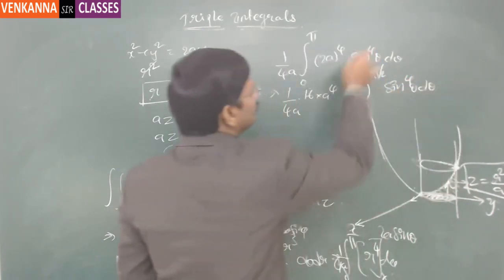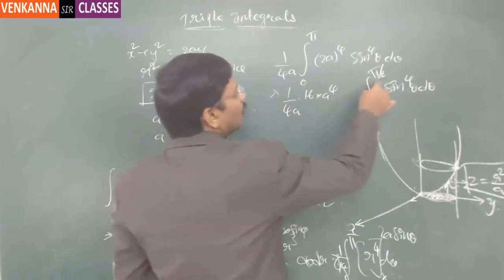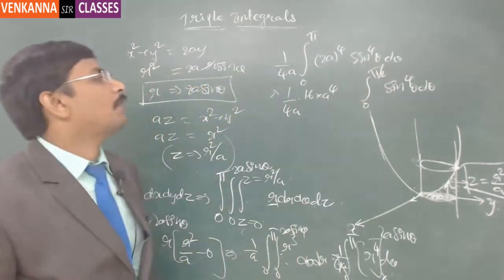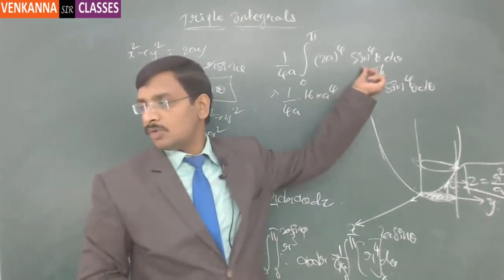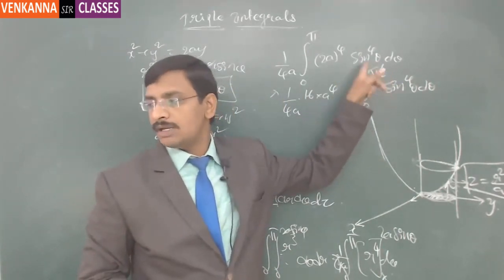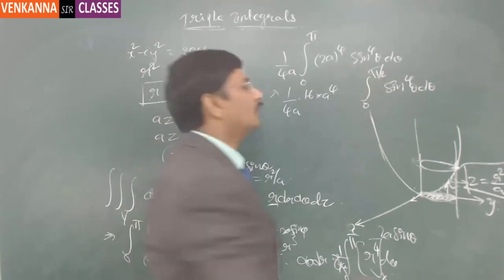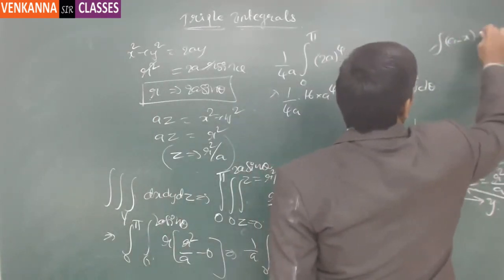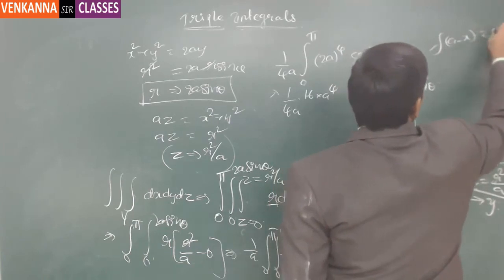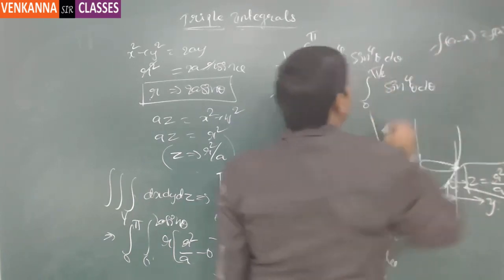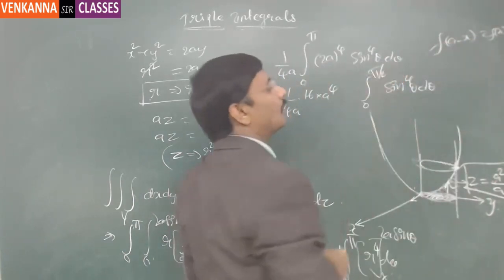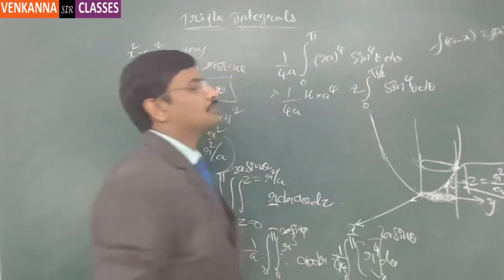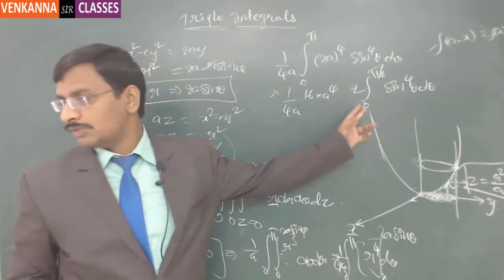I have changed the limit to 0 to pi by 2 because this is sin power 4 theta, so pi minus theta whole power 4 will again be sin power 4 theta. So we have the principle: f of a minus x equals f of x. Then the limit can be halved at the top, and then you multiply by 2. Got it? Based on that principle I have written it this way.